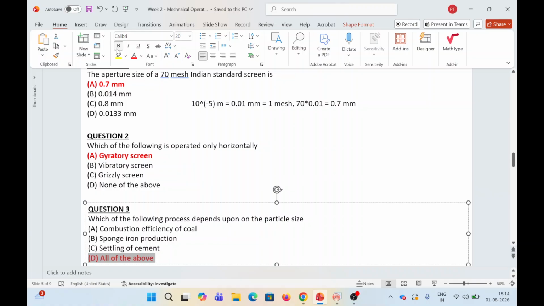Which one of them will undergo combustion faster, or will undergo effective combustion compared to the other? So among the big particle and small particles, if I take two particles, which one will undergo combustion more effectively? Is it the bigger one or the smaller one? Bigger one, sir. Why?